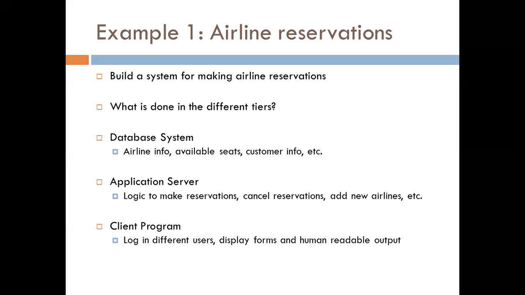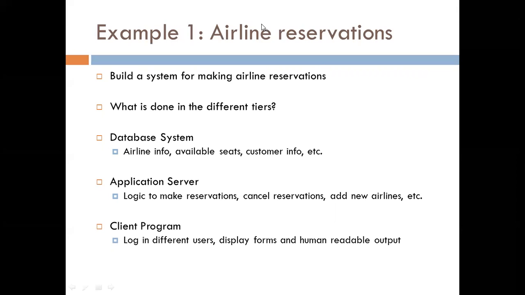Once the flight departs, we have to maintain whether the customer has boarded or not. All those things will be stored in a database. So this becomes the number of tables required in this airline application, their attributes, and the relationships between the tables. All those things become part of the database system.